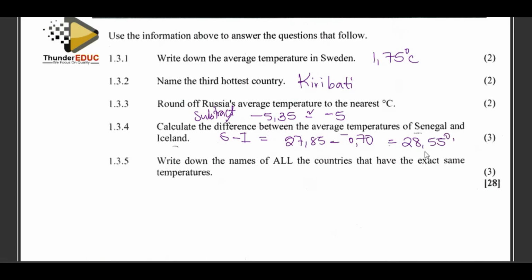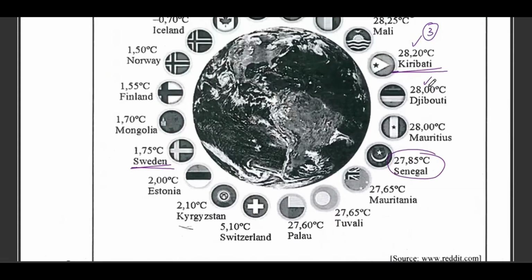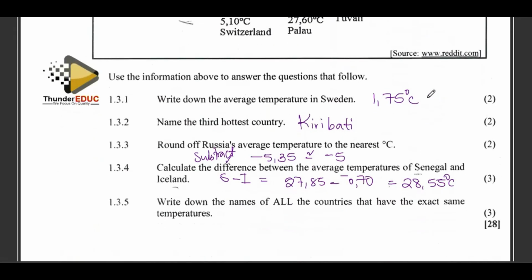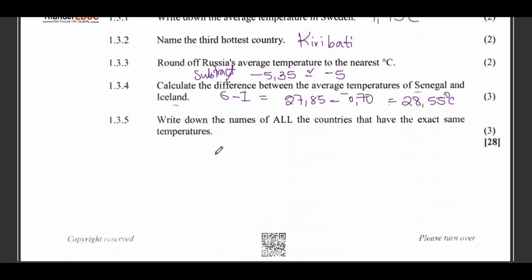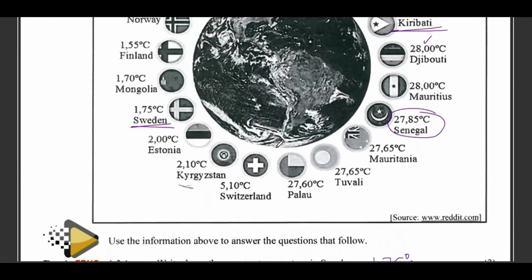Don't forget, these are the degrees that we are looking at. 28, 55. Write down the names of all countries that have the exact same temperature.